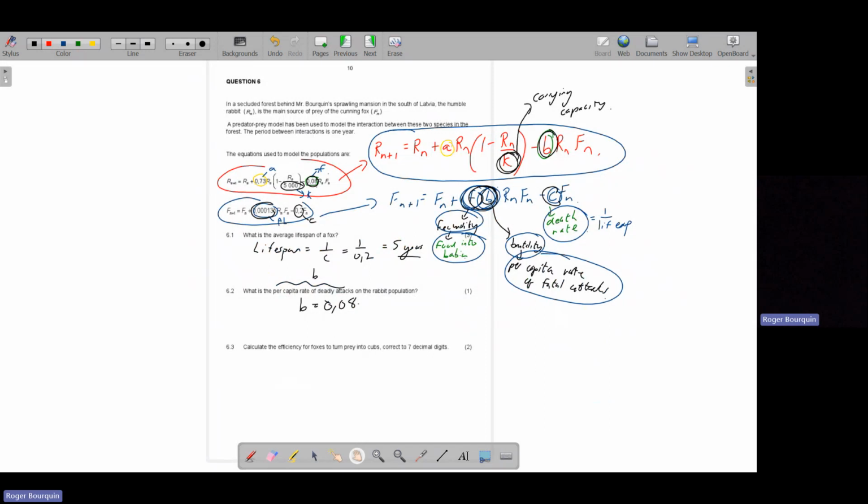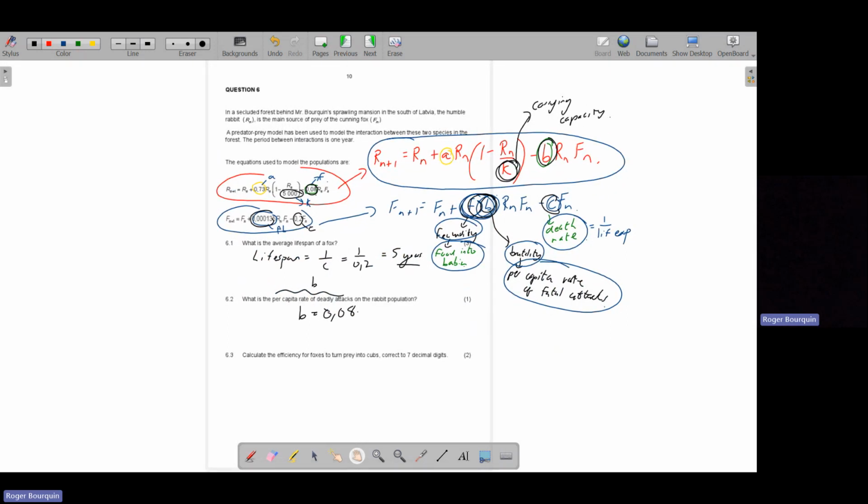Then they want us to calculate the efficiency for foxes to turn prey into cubs. In other words, they're looking for the fecundity of the fox, which is F. F appears only over here in the formula, so this value is F times B. Let me just close this window.